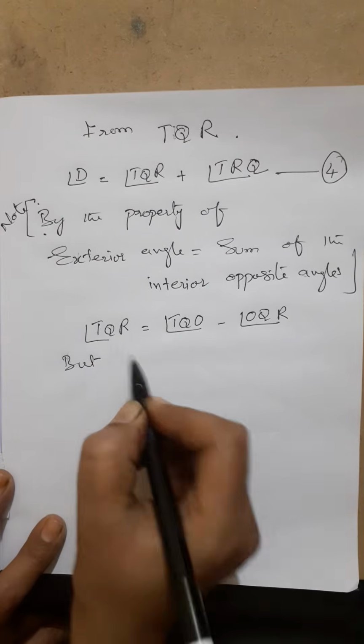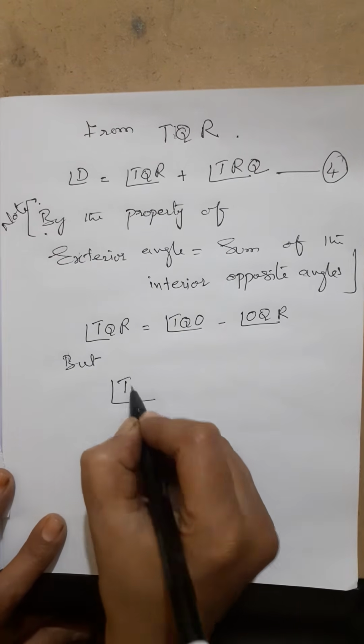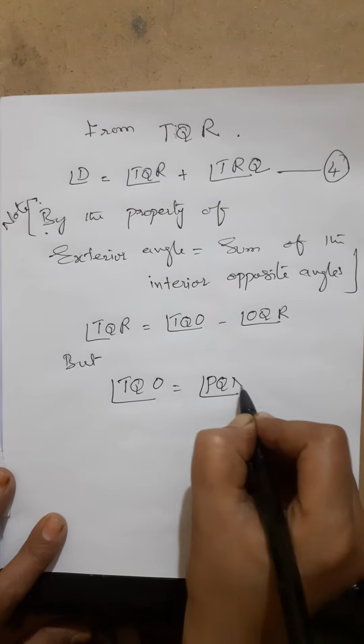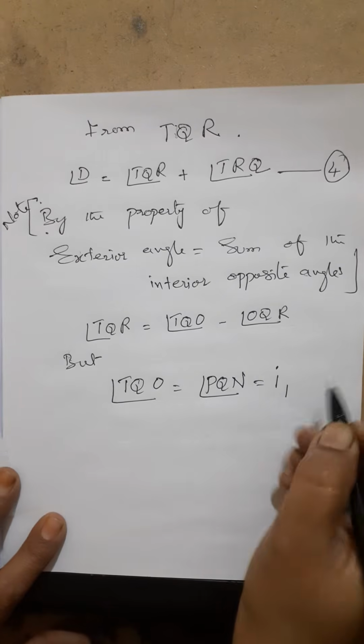But we know that angle TQO is equal to PQN, and that is equal to I1.